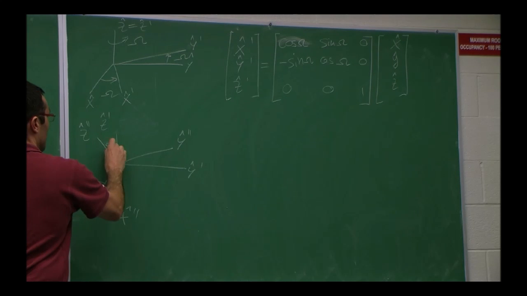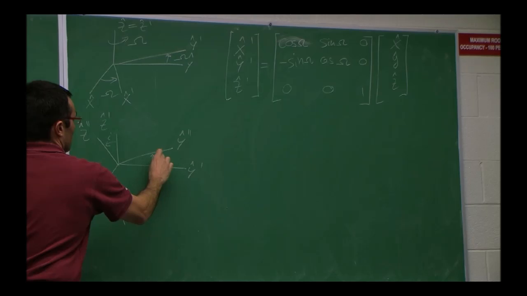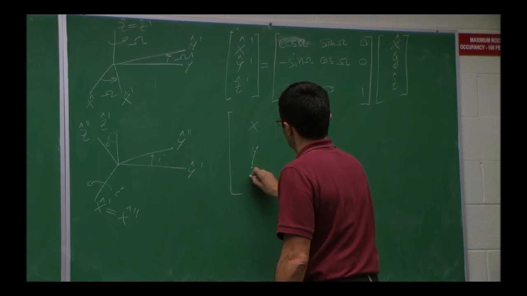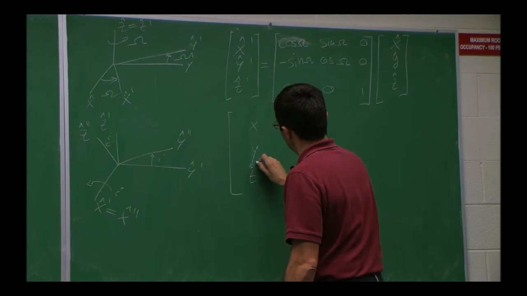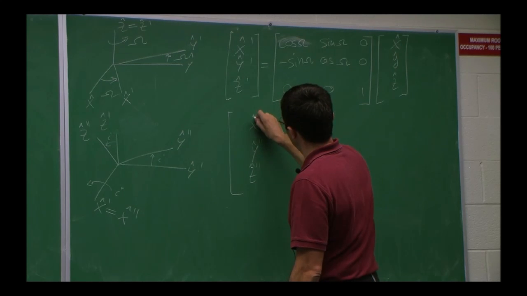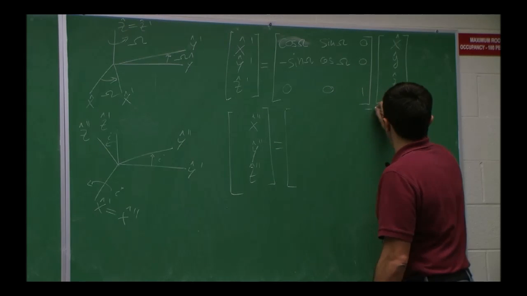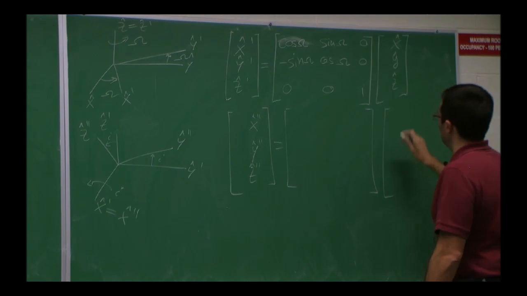This angle is I, and this angle is I. So this is the second rotation. So I have the axis with the second, and we'll continue this next time, but let me do this at least.